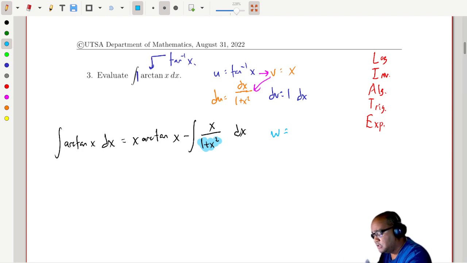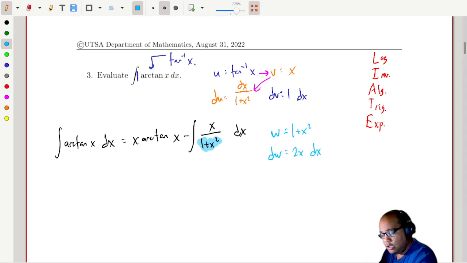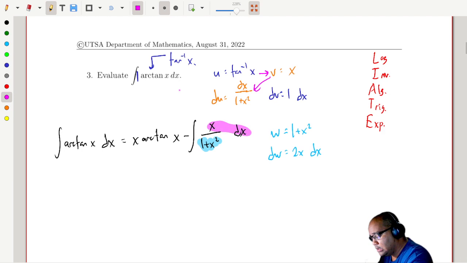It doesn't really matter what you change variables to, but check it out. If I let w equal 1 plus x squared, then dw is 2x dx. But notice that my integrand only contains x dx, so I'm going to divide by 2. Remember u substitution? So 1/2 dw is equal to x dx.